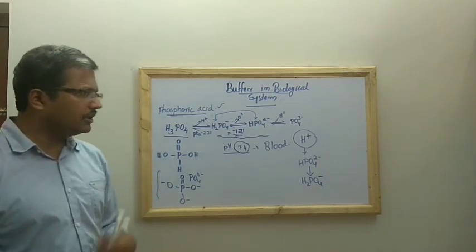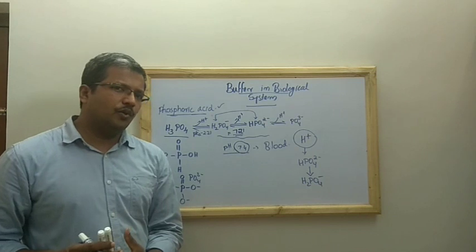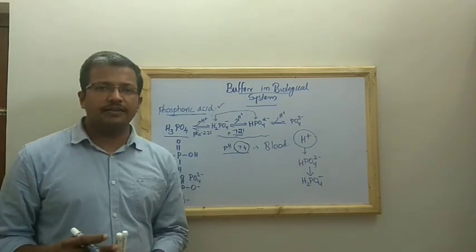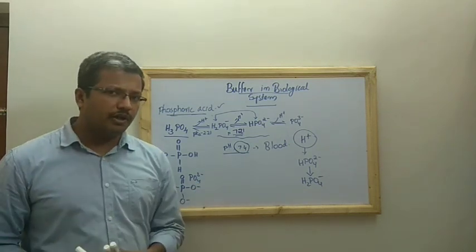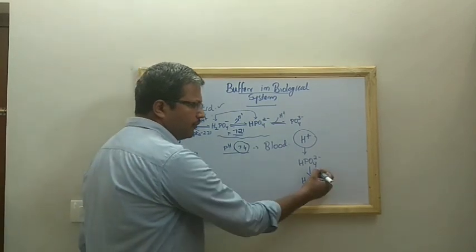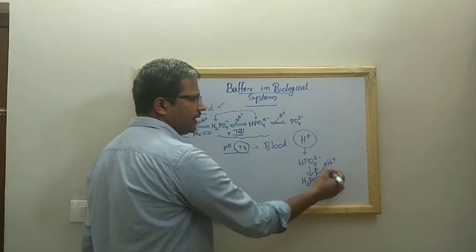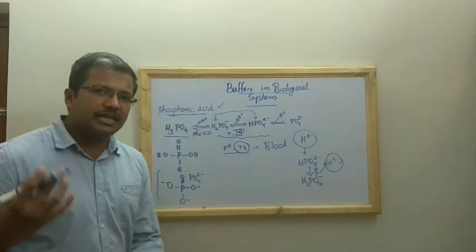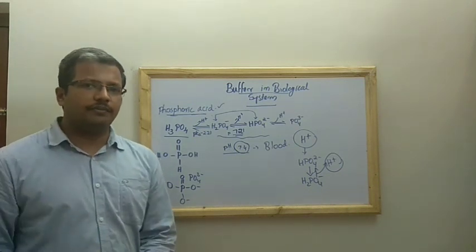Now let us think the opposite way. If any chemical reaction consumes the H plus ions and as a result increases the pH, deviating from 7.4, what will happen? The opposite reaction will happen. H2PO4 minus will dissociate and release H plus ions, and these H plus ions will compensate for the H plus ions consumed by the reactions.